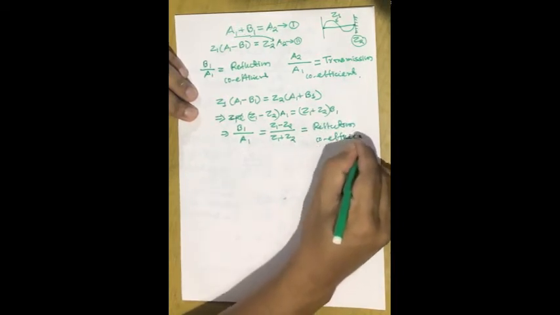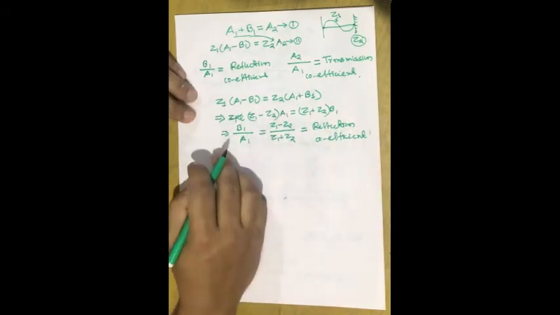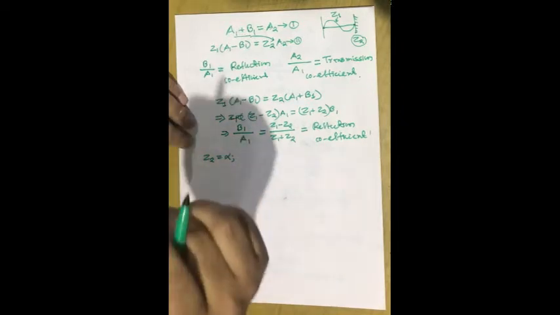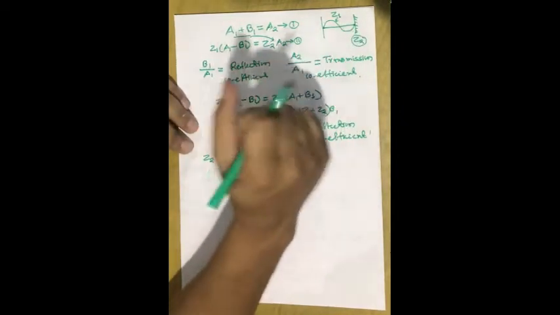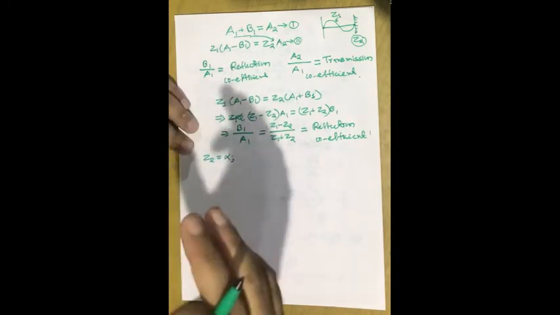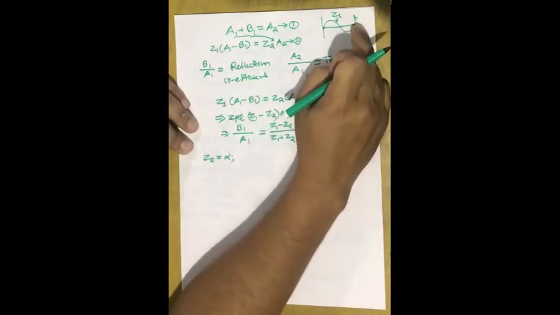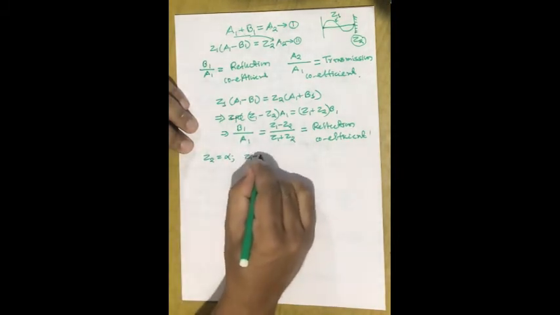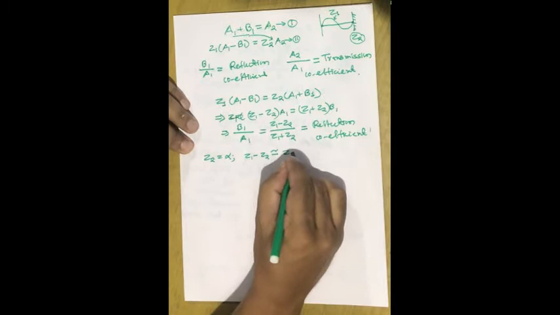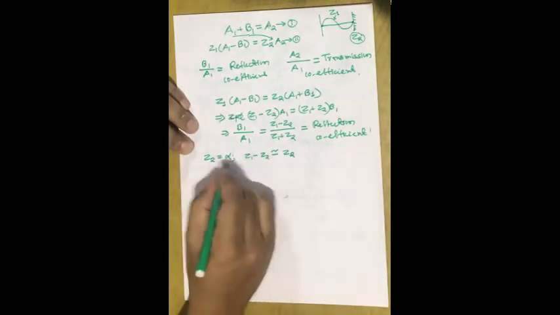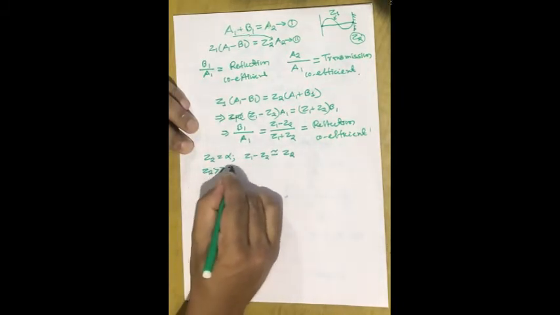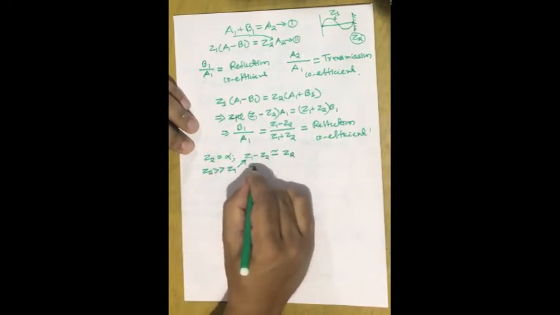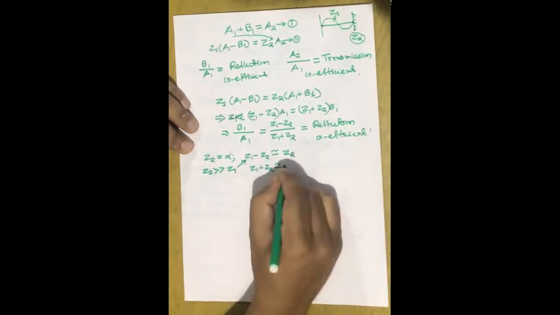We can obtain many important results from this expression. For example, if Z2 is infinity, that means suppose this part of the string is so tightly held that there is not any possibility of wave transmitting through this part. Then Z2 is very much greater than Z1, so Z1 minus Z2 is almost equal to minus Z2, and Z1 plus Z2 is almost equal to Z2.